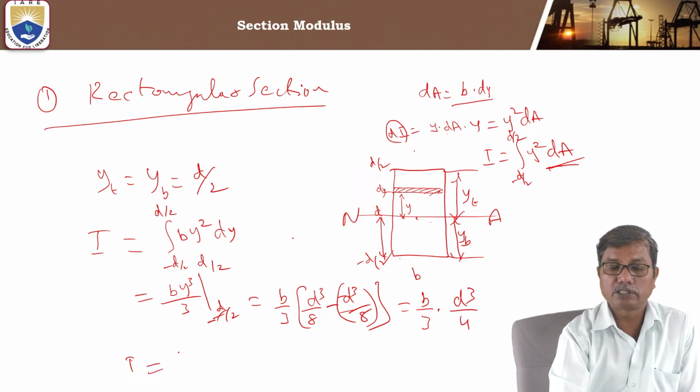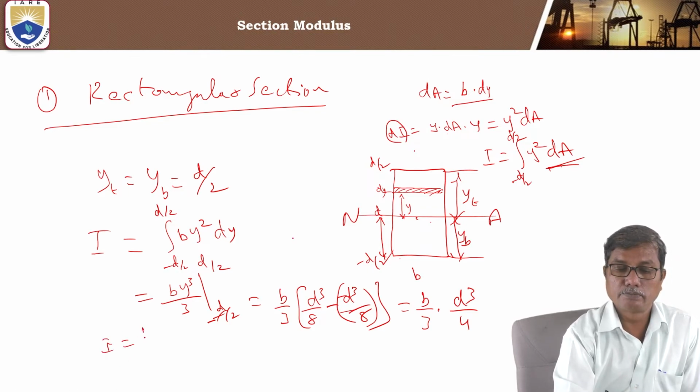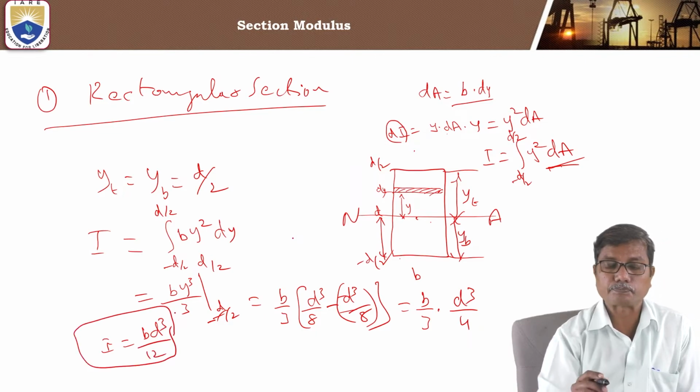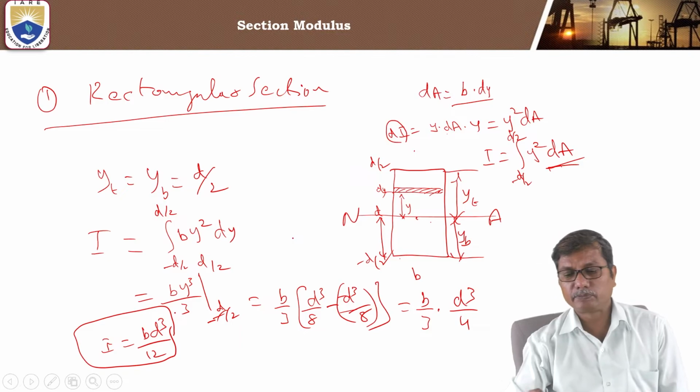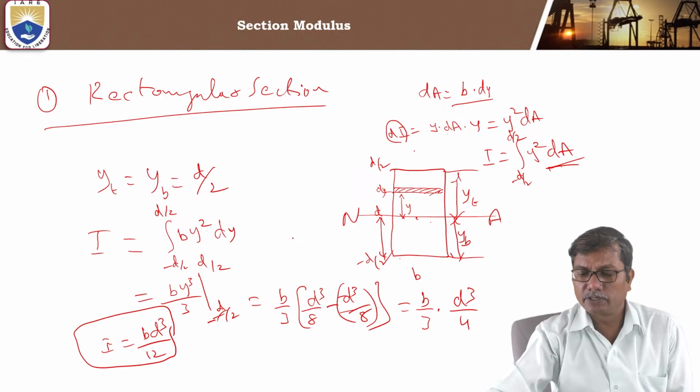So the moment of inertia comes out to be how much? bd cube by 12 for a rectangle. b is base and d is depth.